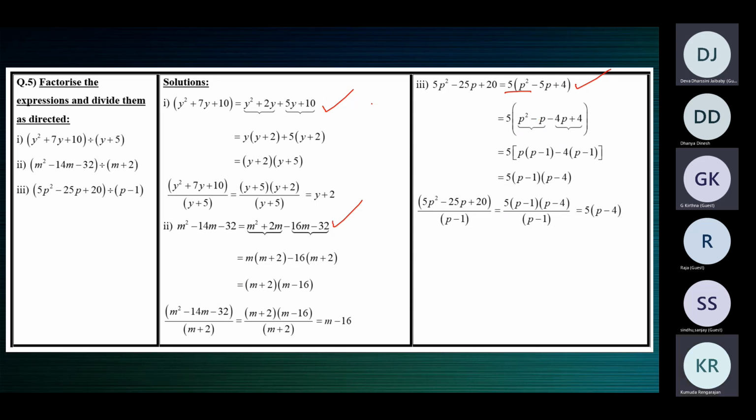In the first and second one, the 3 terms did not have anything in common, so we factorize by splitting the middle term. But in the third one, before you split the middle term, you have to take out 5 common, because 5p squared, 25p, 20 have 5 in common. So take out 5 in common and then split the middle term.